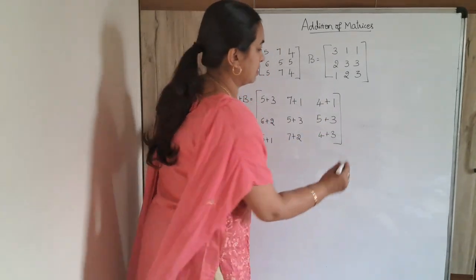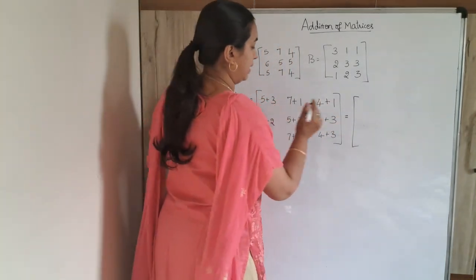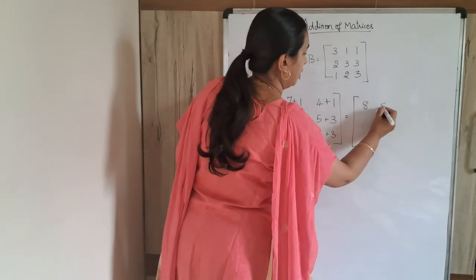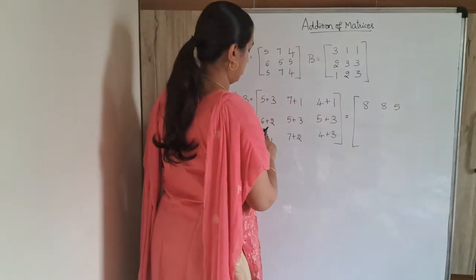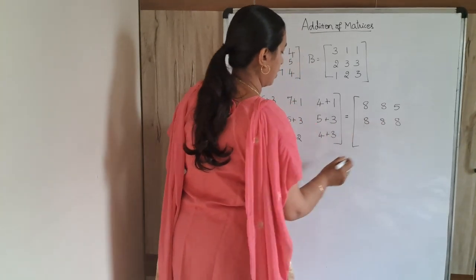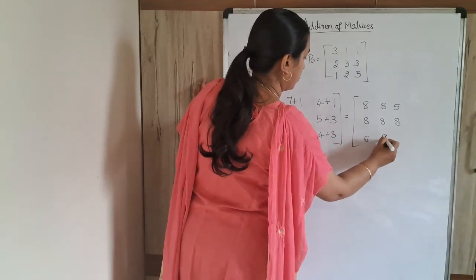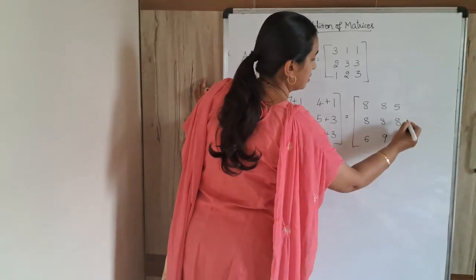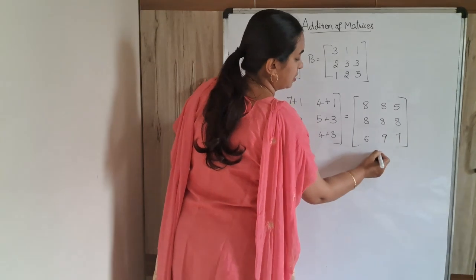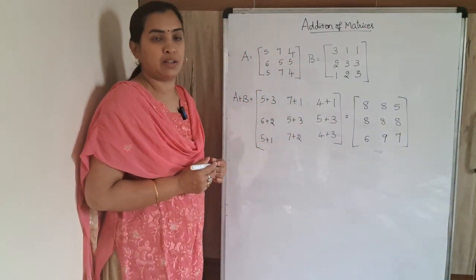Just add this. It will give you 8, 8, 4 plus 1 is 5, 8, 5 plus 3 is 8, 8 and this is also 8 as well. 5 plus 1 is 6, 7 plus 2 is 9, 4 plus 3 is 7. So this is your matrix which is of the order 3 cross 3.